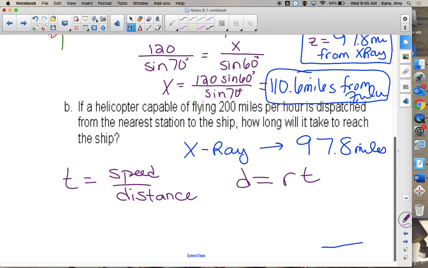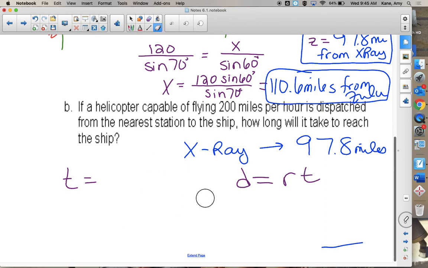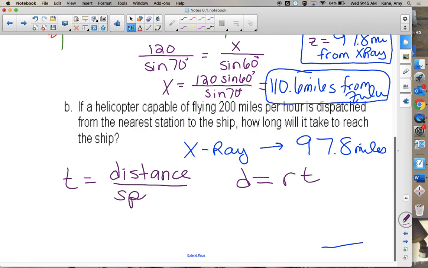So we're actually going to flip the little proportion that she gave me. Because if I want to find time, I need to take the distance value and divide it by the speed, or the rate. We also call that the rate. So your distance, the total amount of space you're traveling, and then dividing by how fast you travel.